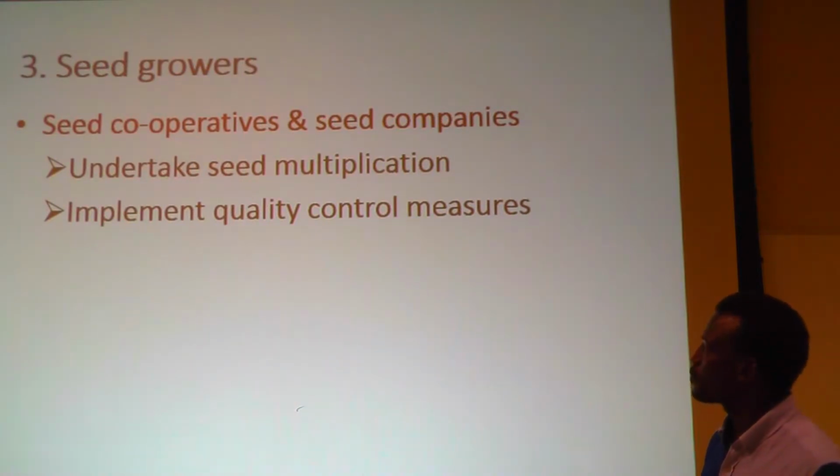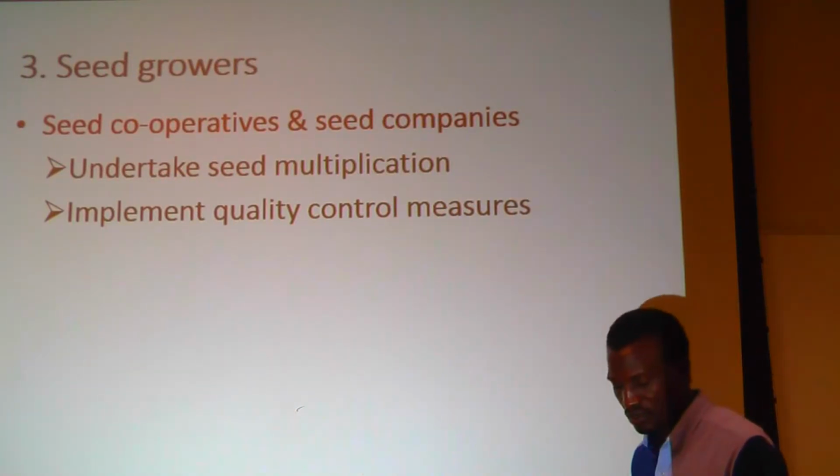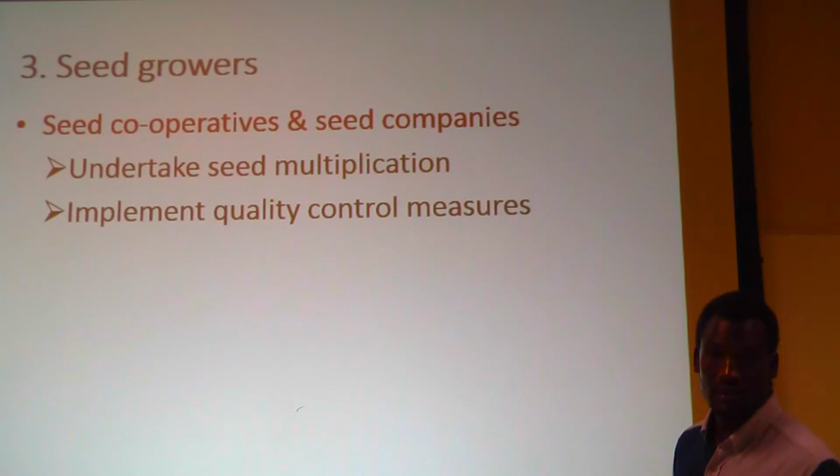They implement quality control measures. For a seed to be a high quality seed, there is need for quality assurance. So the seed growers, in their own right, have to implement those quality assurance measures as prescribed by the certification agents.